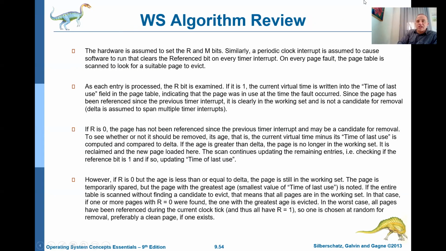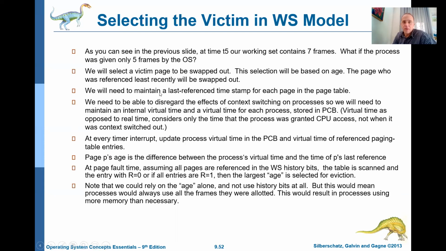Now remember, I'm trying to select a victim. At every timer interrupt, update the process virtual time in the PCB and the virtual time of the reference page table entries. Page P's age is the difference between the process virtual time and the time of the process's last reference.